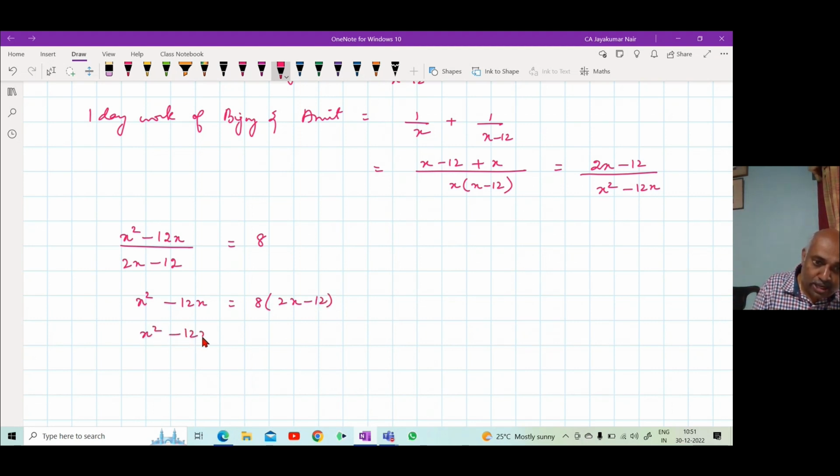So what is the equation? x squared minus 12x minus 18x plus 108 is equal to 0. So x squared minus 30x plus 108 is equal to 0.